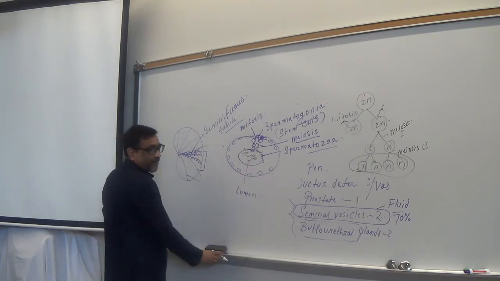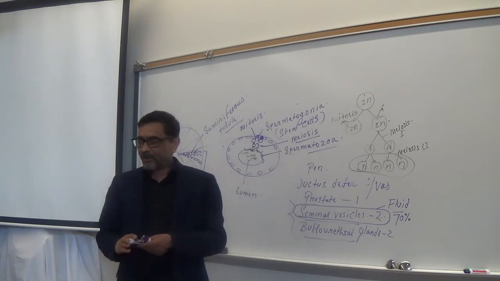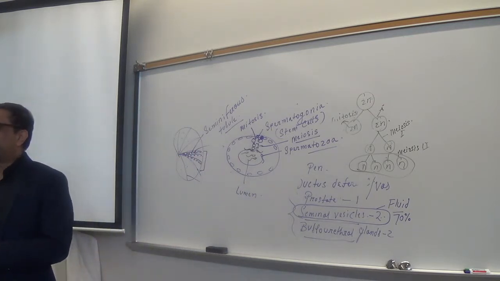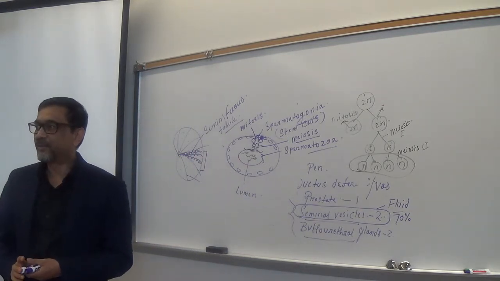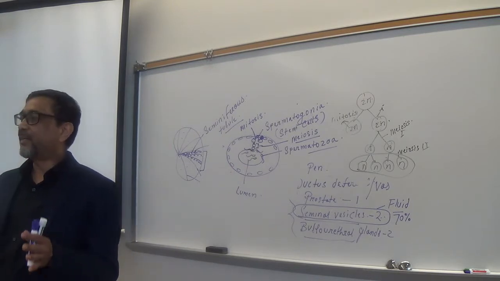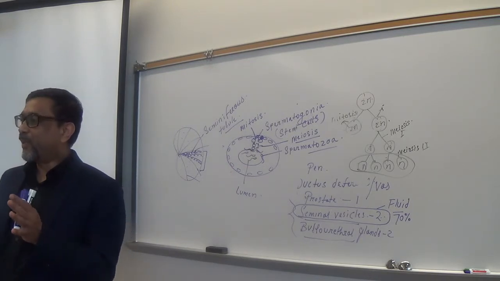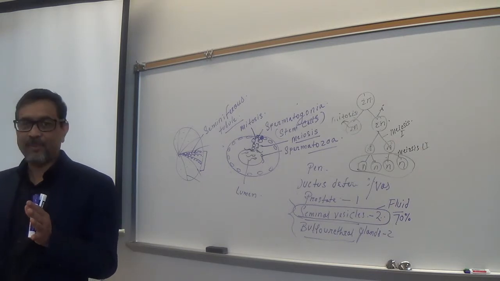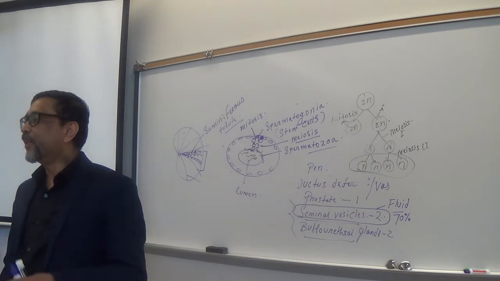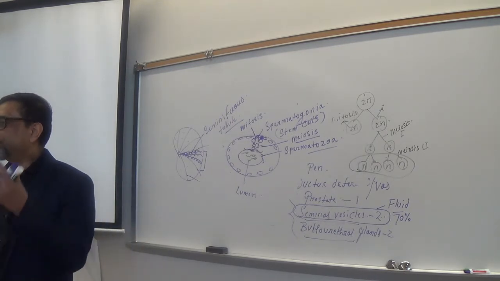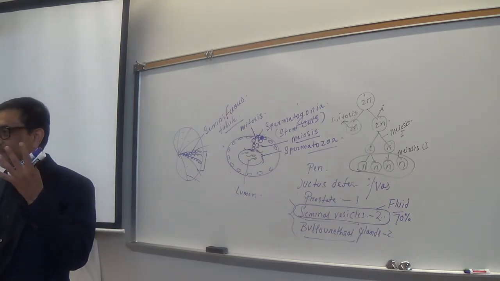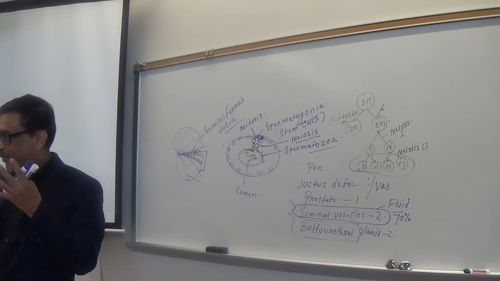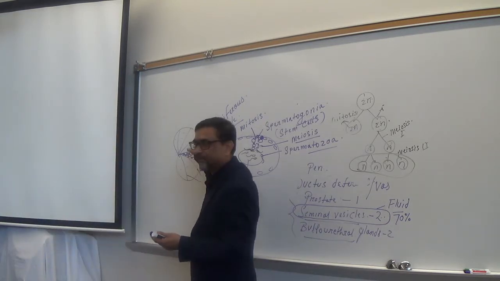Now if I go back, sperm are produced where? Inside the testis. Inside the testis you have lobules, separated by what? Septum, right? You have how many lobules? About 250 lobules.